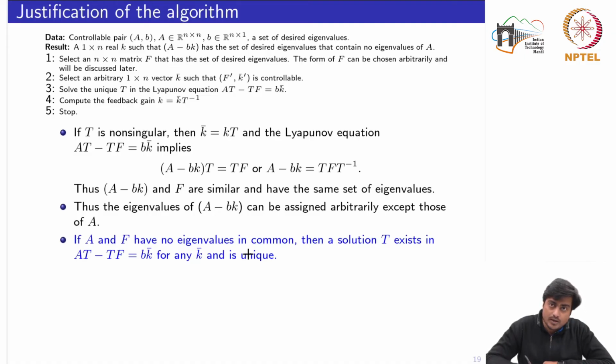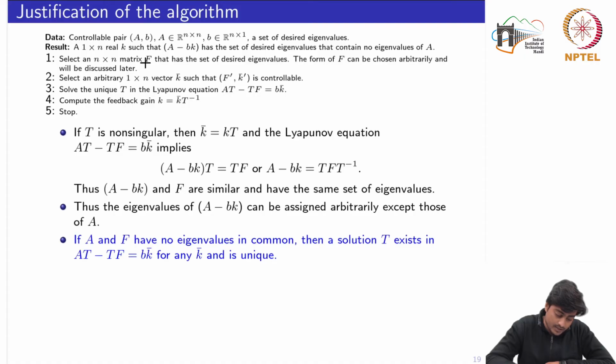So this is the most important point here, which we will formulate into a result, and we will see the proof as well. Because the most important thing in all these four steps is that we solve for the unique T, so we should know first, as a preliminary step, whether that T exists or not.